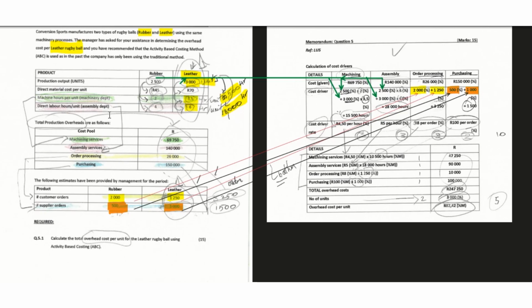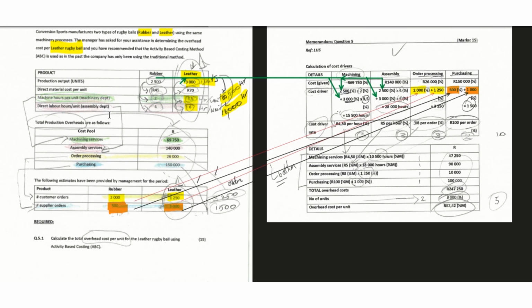That's why you can't isolate at this point and focus only on the leather. That is impossible. And that's the thing you need to pick up: this entire production uses the same processes, the same machinery, and that's why it covers both the rubber rugby balls as well as the leather rugby balls.